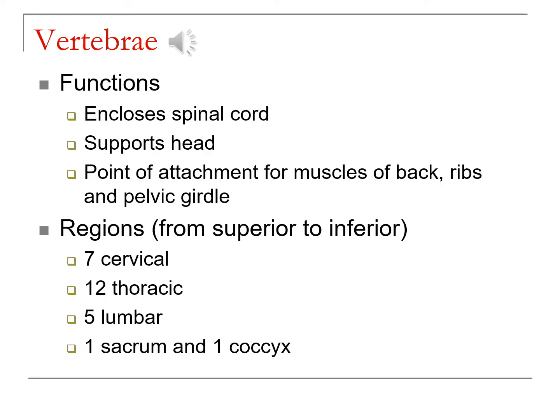Because when we were younger, the sacrum is composed of 5 bones, and the coccyx is composed of 4 bones. 7 plus 12 is 19, plus 5 is 24, plus 5 from the sacrum is 29, and plus 4 from the coccyx equals 33 different bones that make up your vertebrae.